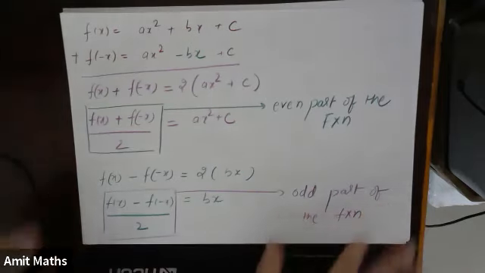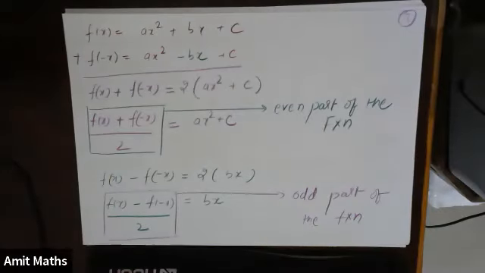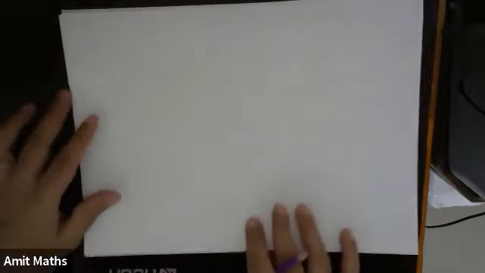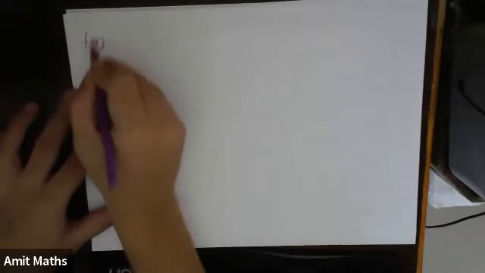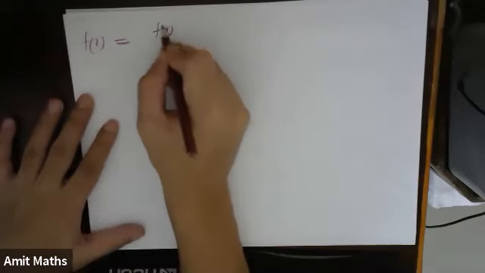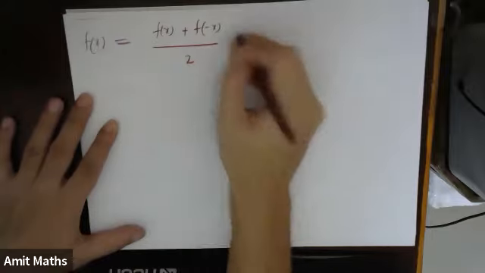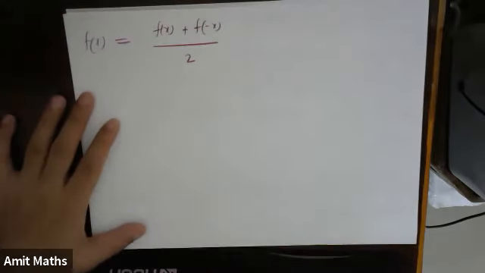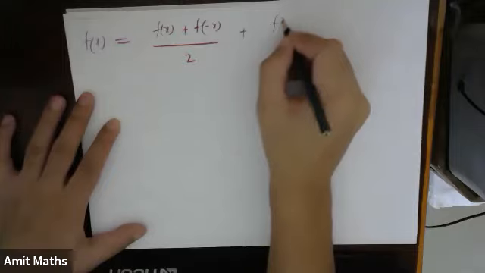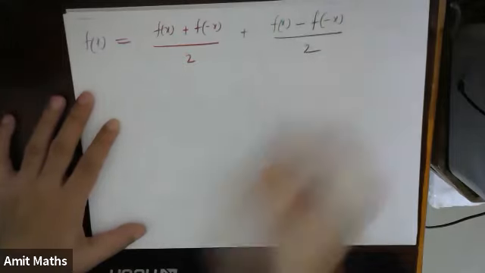Okay, so using this, I can say that any function can be represented as its odd part plus even part. That is, f of x can be written as f of x plus f of minus x by 2, plus f of x minus f of minus x by 2.